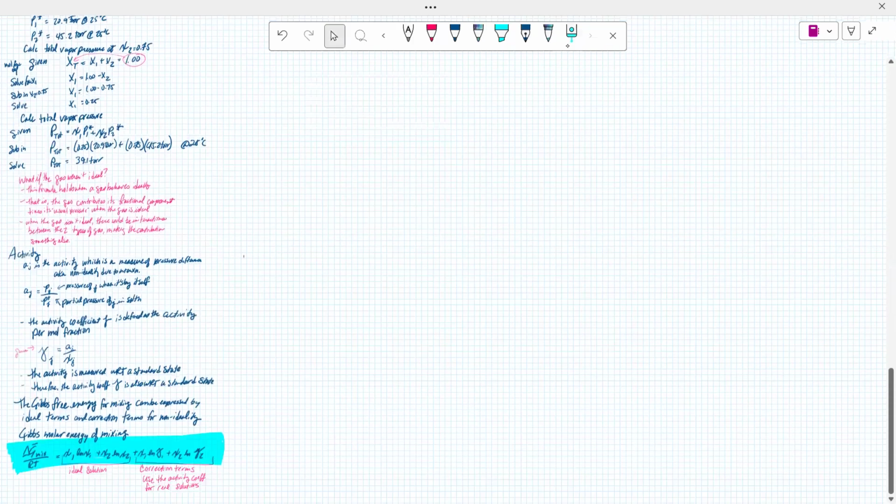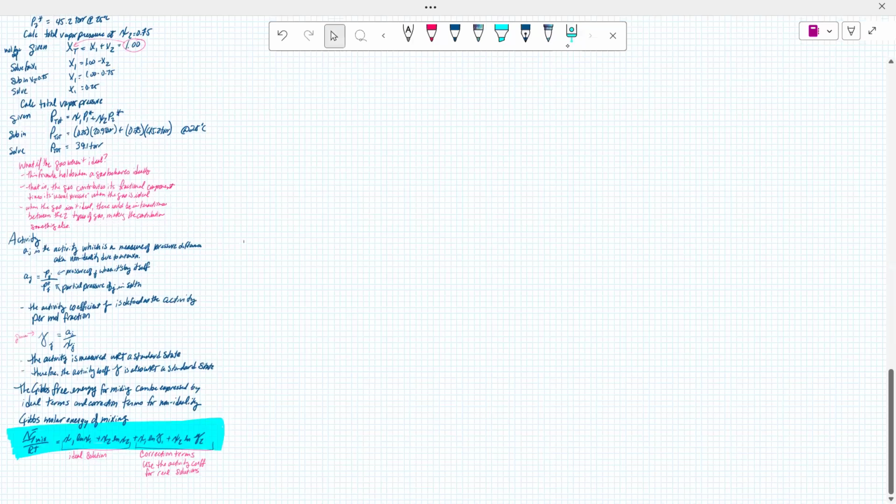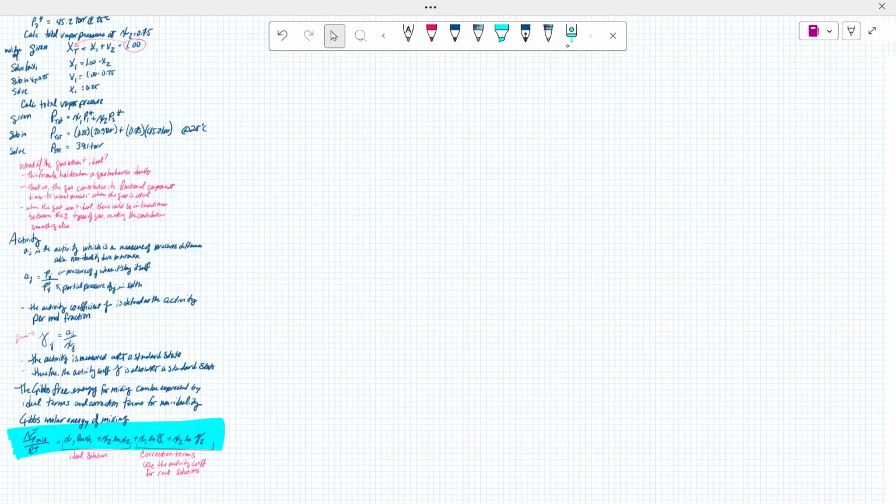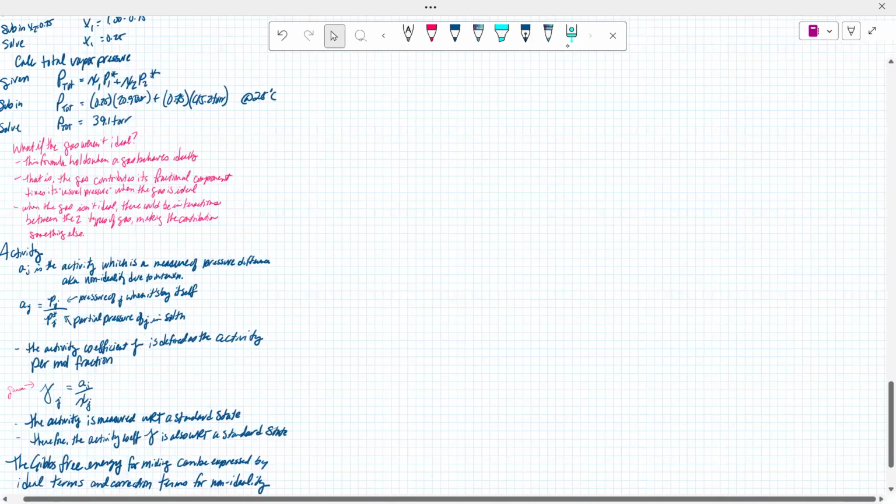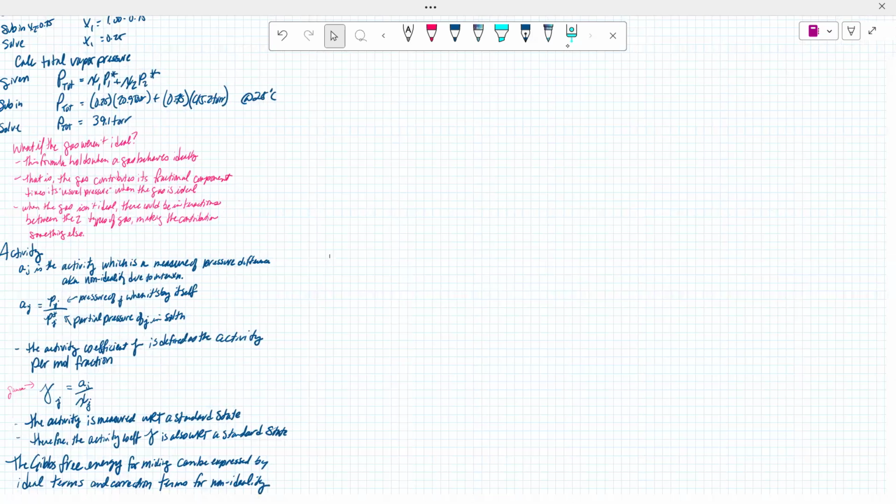But what if it weren't ideal? Then we would have some problems. So what would those problems stem from? It would be exactly all the things we just said about what we had assumed for ideality. So the formula wouldn't hold for the reasons that we've already said, but we could then start working on activity.